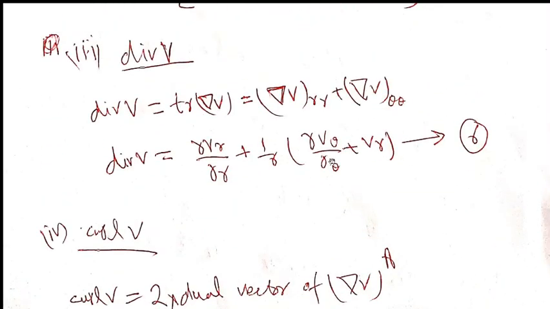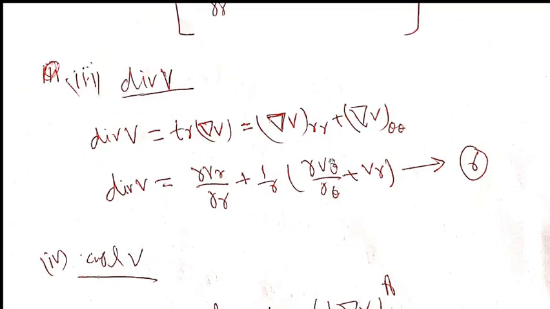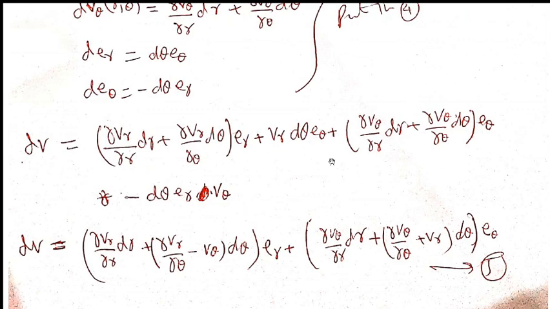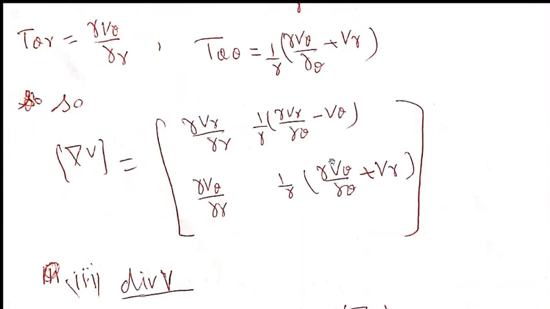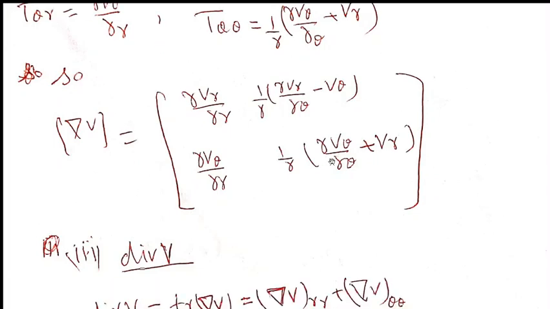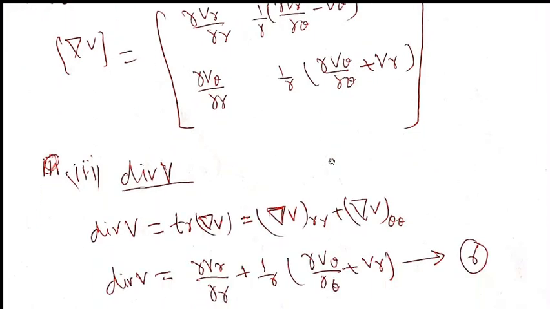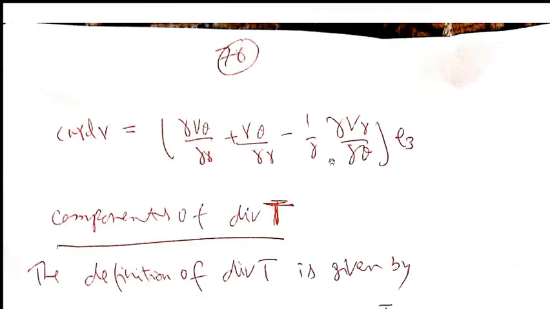Now here we have divergence of V, curl. And now you can get this from your formula.